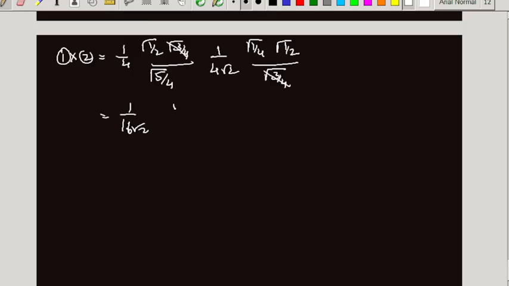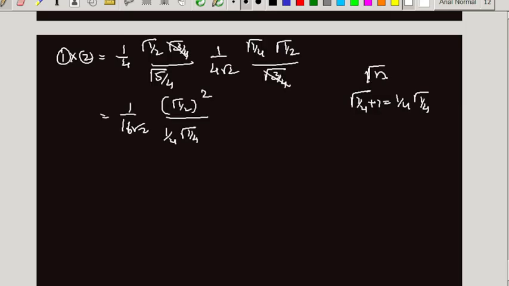This one we can write as 1 by 4 into gamma 1 by 4. It is nothing but gamma of 1 by 4 plus 1, which is 1 by 4 into gamma 1 by 4, using the formula gamma n plus 1 equal to n gamma n. And the numerator 1 by 4 gamma 1 by 4, we get to cancel this one.